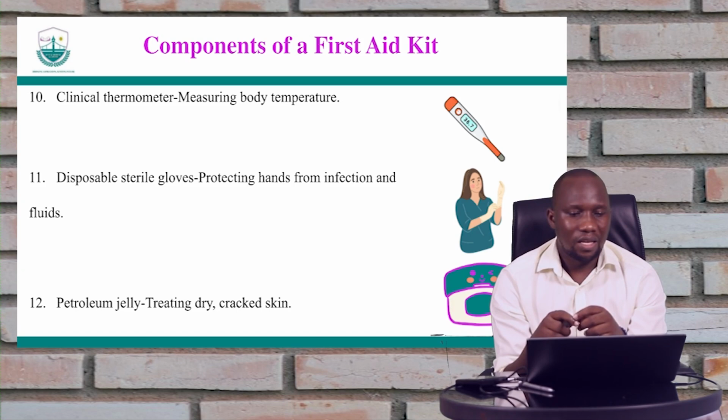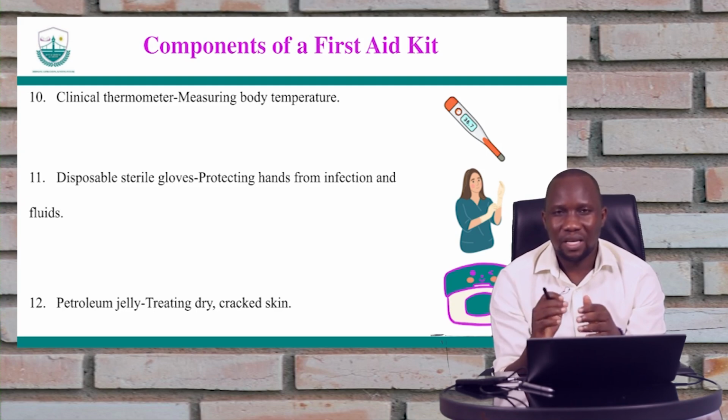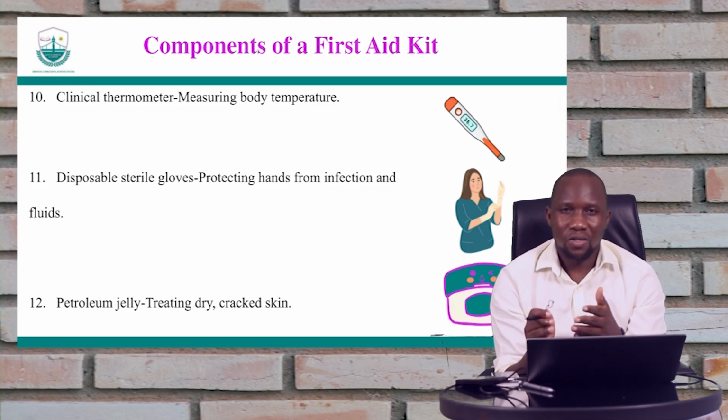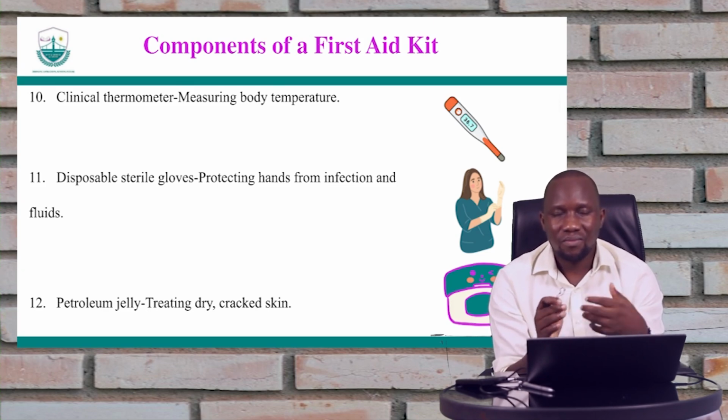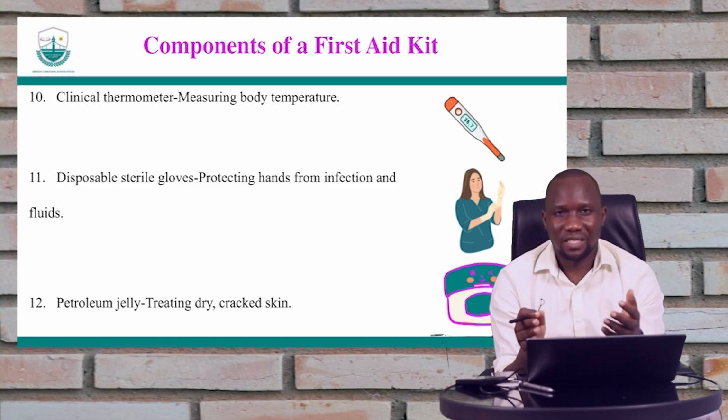And then the gloves. We already talked about what we call blood-borne diseases. Diseases that can spread from one person to the other if you get into contact with contaminated, infected blood, or even other contaminated substances. You need to have gloves if you are to touch any of these things.